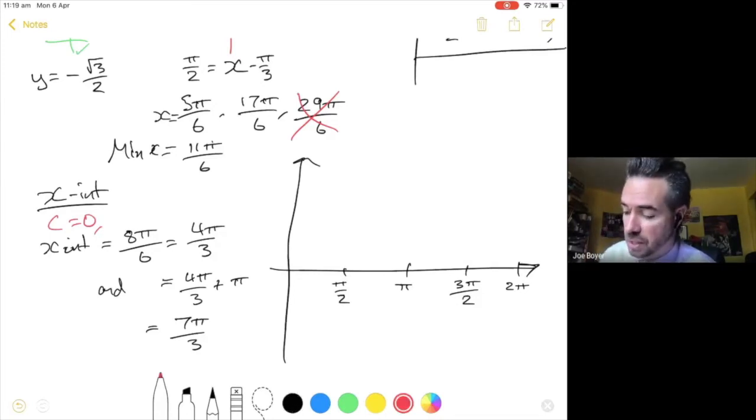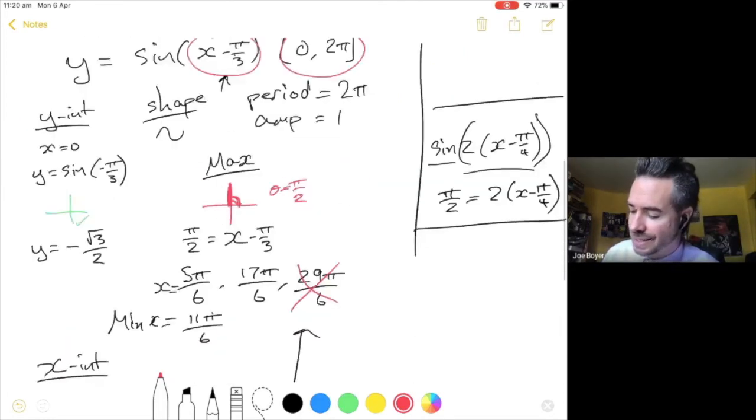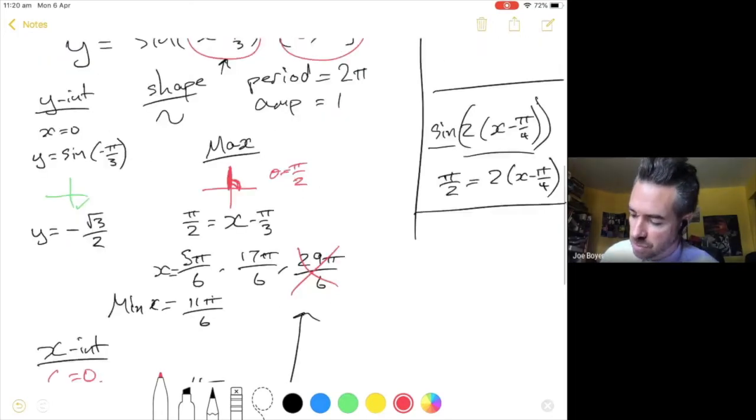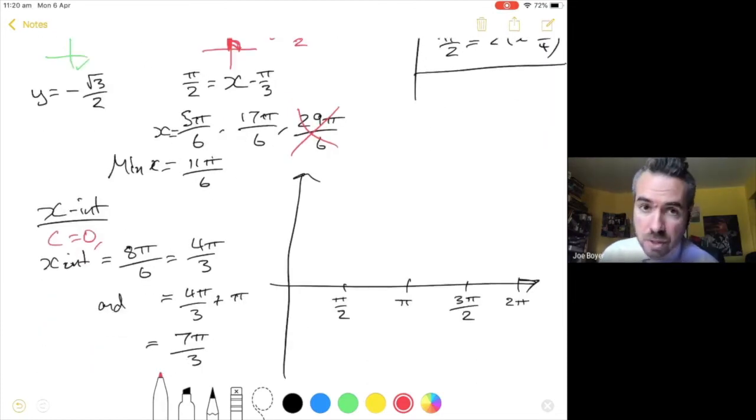Going back to our sine graph, it's clear that pi on 2, pi, 3 pi on 2 and 2 pi are really important points, because one of them's the maximum, one of them's the x-intercept, one of them's the minimum, and the other one's back to the x-intercept at the full period. I like to label those points even if those aren't the key points. It's clear that here our maximum, minimum and x-intercepts aren't pi on 2, pi, 3 pi on 2, 2 pi, but I still like to label them anyway.